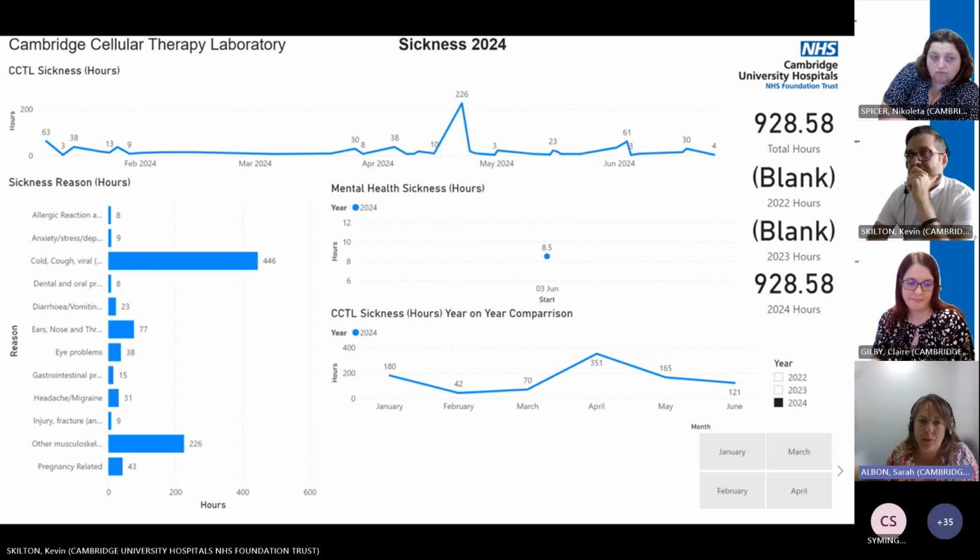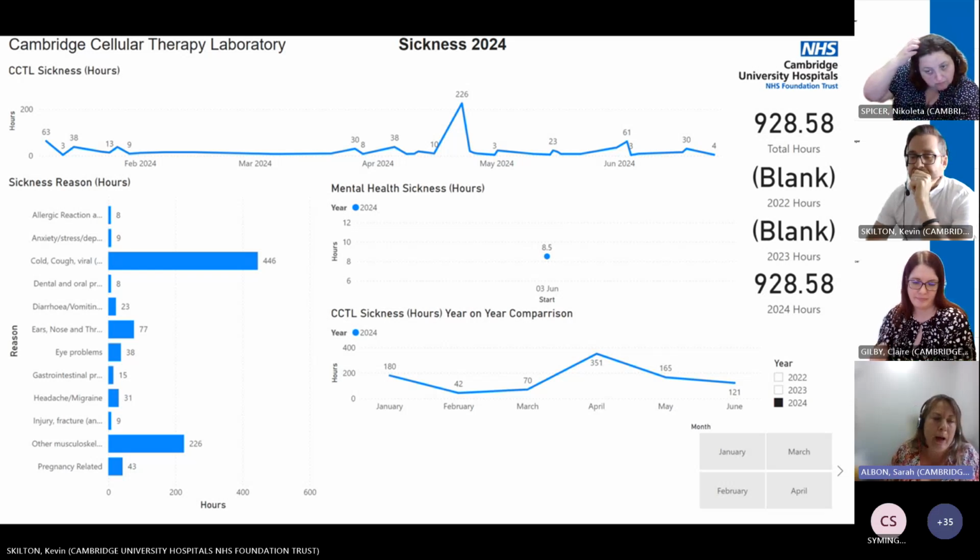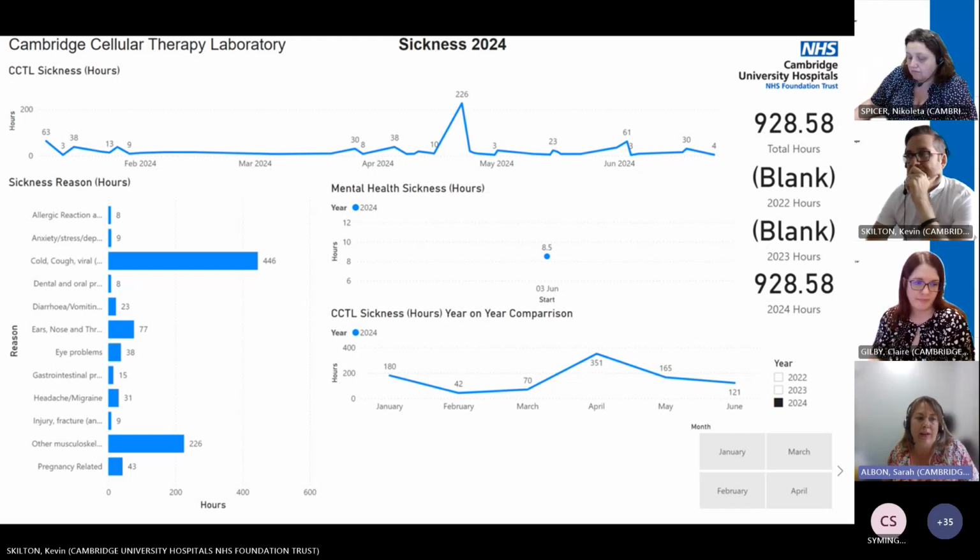So by that estimate, sickness has actually halved. But more importantly, we only have 9 hours in the anxiety, stress, and depression category, which I believe was attributed to one member of staff on one occasion in June of 2024.